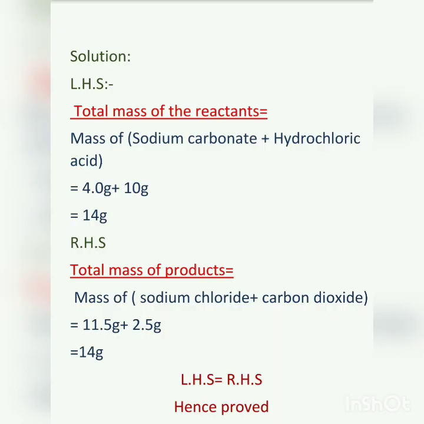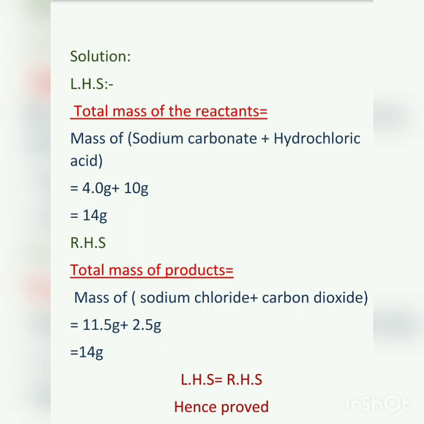Let's have a look at the solution. Here, as reactants, we are having sodium carbonate along with hydrochloric acid. So, the total mass of sodium carbonate and hydrochloric acid is 4 plus 10, that is 14 grams. On the right hand side, let us calculate the mass of the products. So here we are having sodium chloride and carbon dioxide as products.